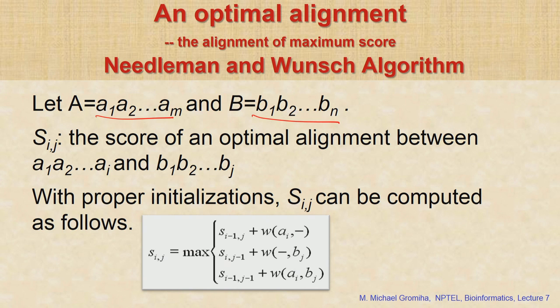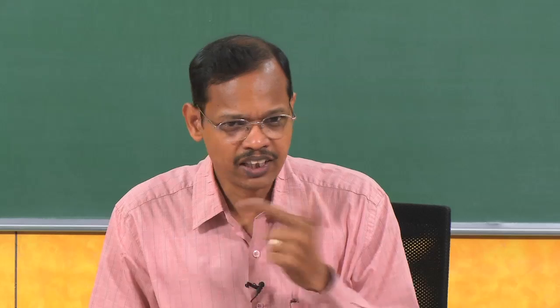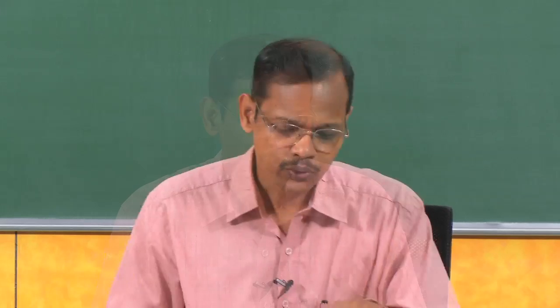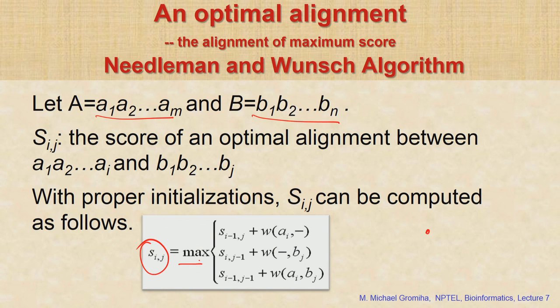If we give proper initialization and a score, that is Sij. If you have one nucleotide and you want to make the alignment compared with the previous ones, either we can give a gap for insertion or for deletion, or you can compare these two nucleotides giving the match score or mismatch score. So, he used these values and takes the maximum.